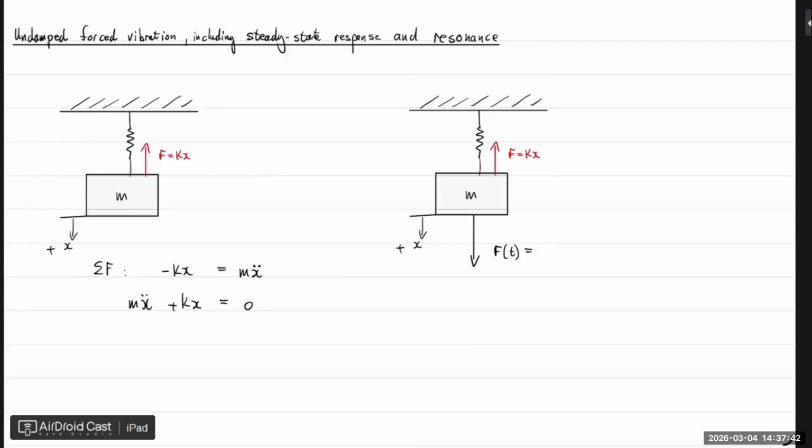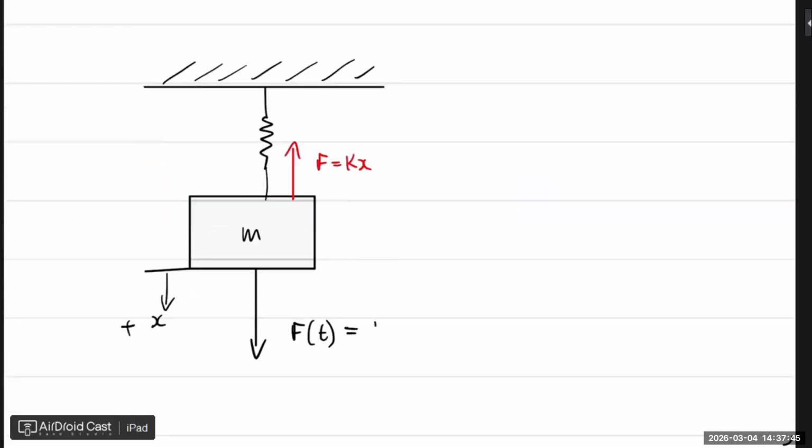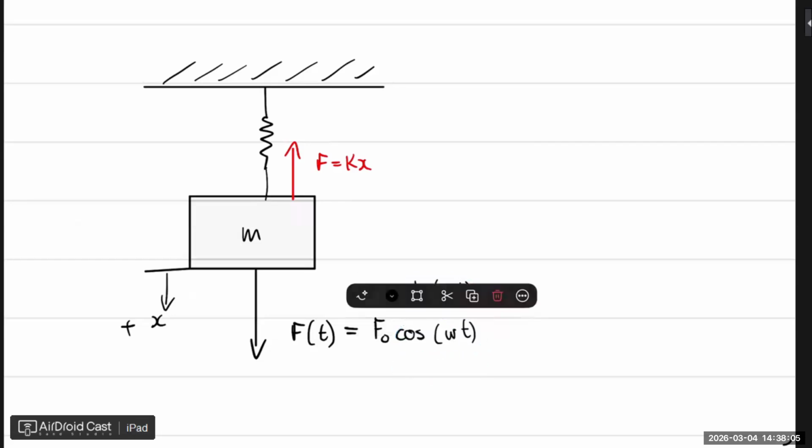So that force, usually they will give that to you, or if they don't, you can say it's a beginning force, and we know it's harmonic, so it's either sin or cos of the frequency at which that force is applied, times t. Usually we make use of the cos one, because cos of 0 will then just be 1.